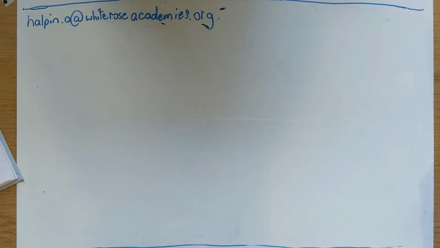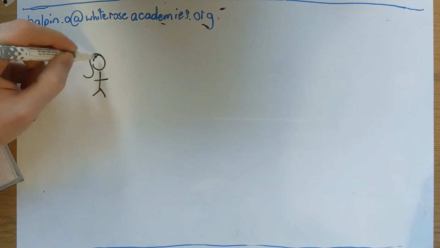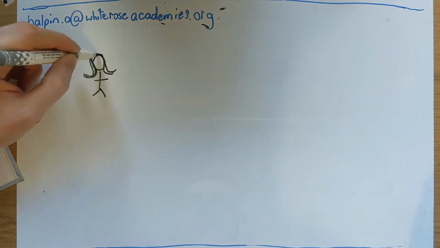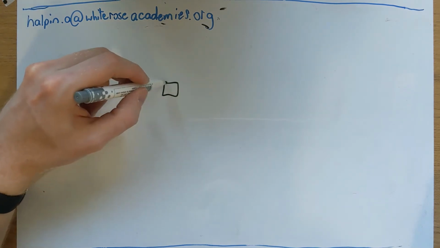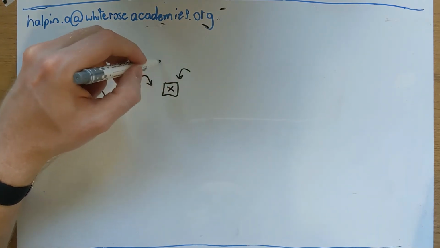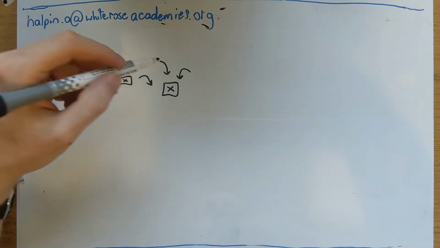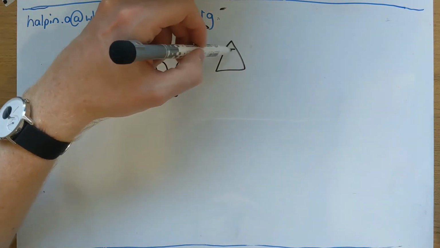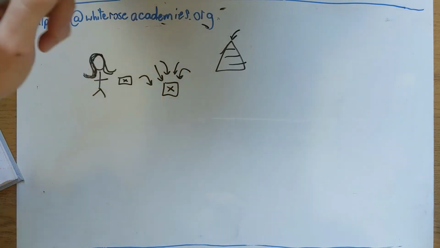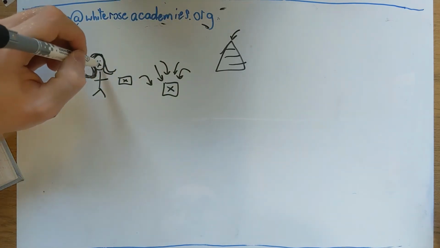Okay, now, before the war, women weren't allowed to vote for the government. So the people who make the rules, so the people at the top of a country, they make the rules, and women weren't allowed to vote for them.